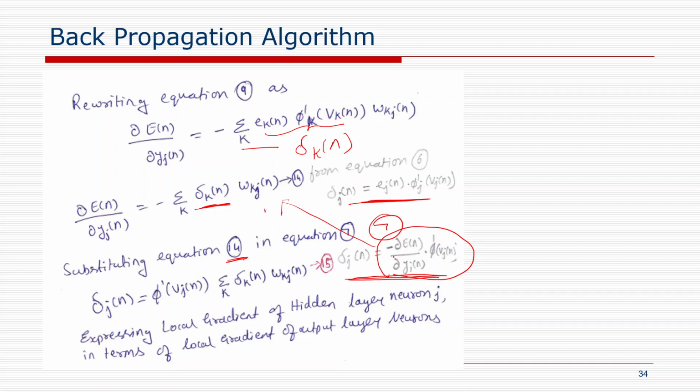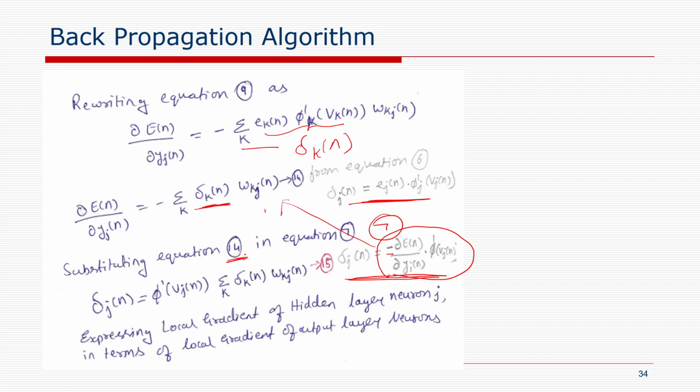Now when we substitute, this negative symbol goes off, and then we will be left with this phi dash of j, and wkj of n, and then we'll represent this term.